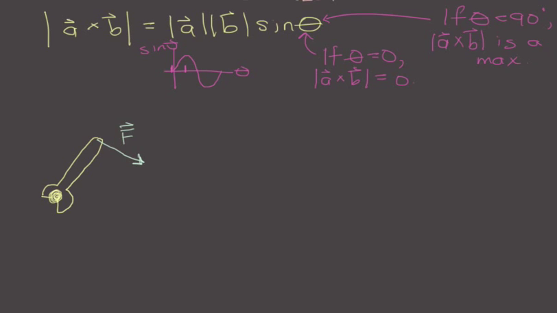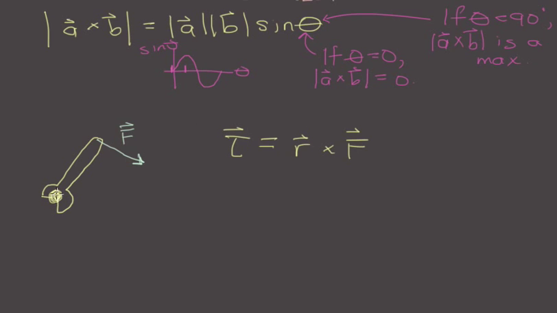So what you're really doing is you're trying to maximize the amount of torque in that wrench. And remember, back in your mechanics class, that torque is defined as vector r crossed with vector F. We've already drawn vector F in our diagram, but let's remember what this vector r is.